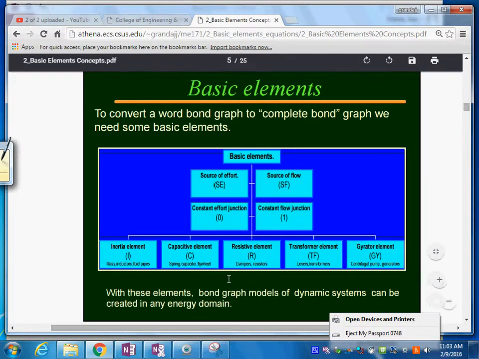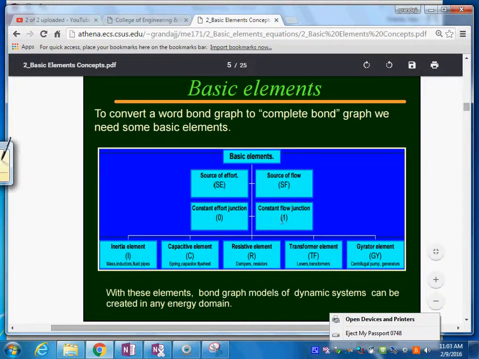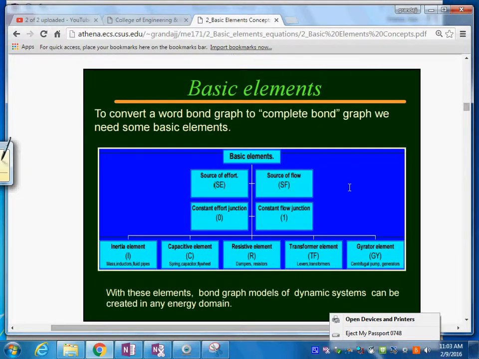So in here you have the TF element and the GY element. These two elements are conservative elements that are designed to help you represent parts of systems that actually conserve energy. They only transform, like for example, a set of gears is a good example. It just transforms one rotation into another.